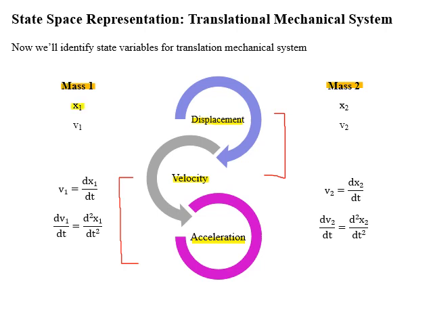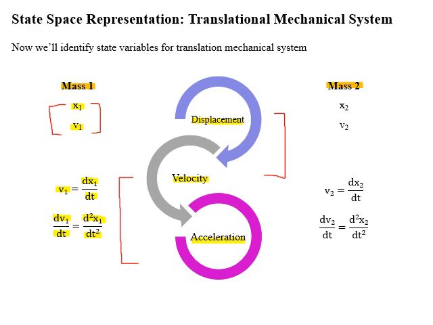So here x1 is representing displacement covered by mass 1, and its derivative, which is dx1 over dt, will represent velocity or v1. Now rate of change of velocity will be acceleration, which is equal to double derivative of displacement x1. So x1 and v1 will be two state variables for mass m1, which will be representing displacement, velocity and acceleration.